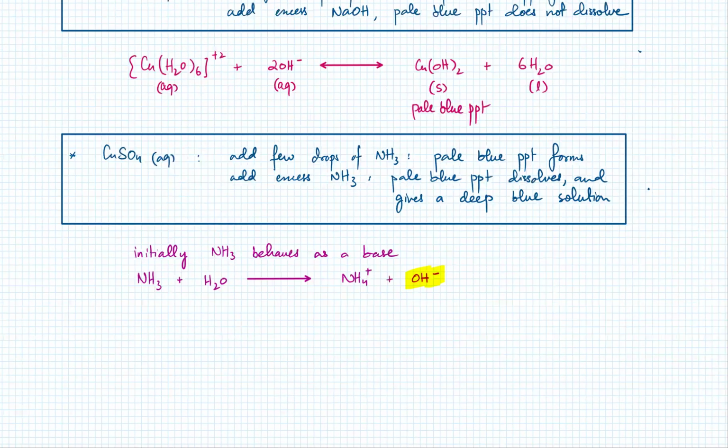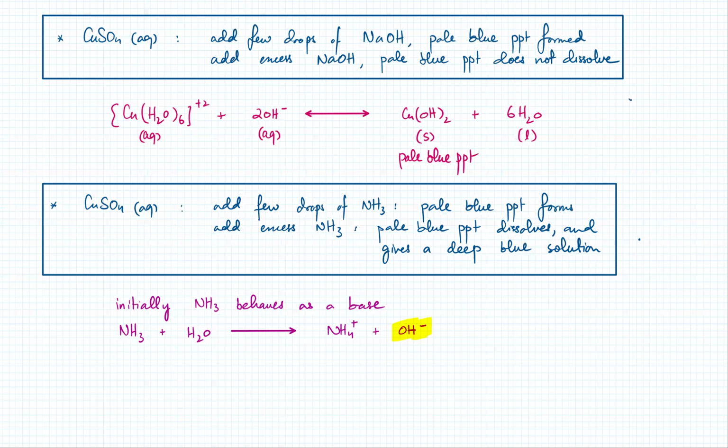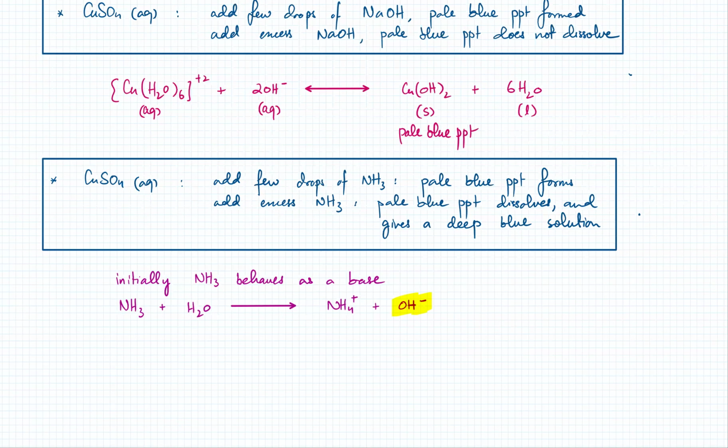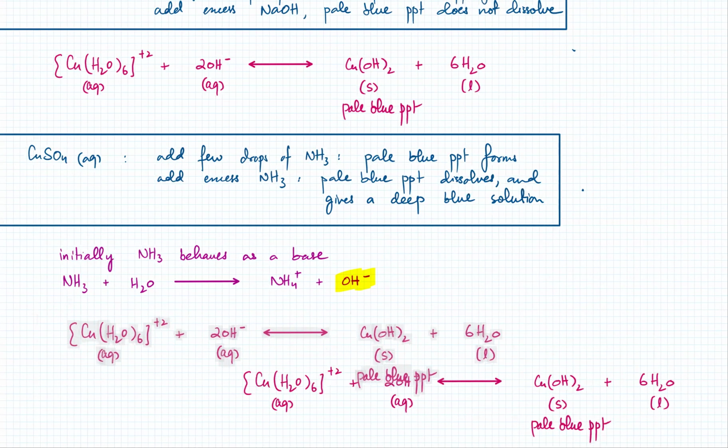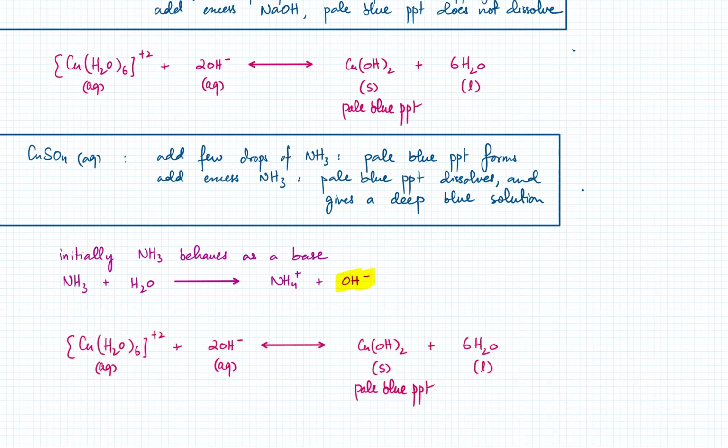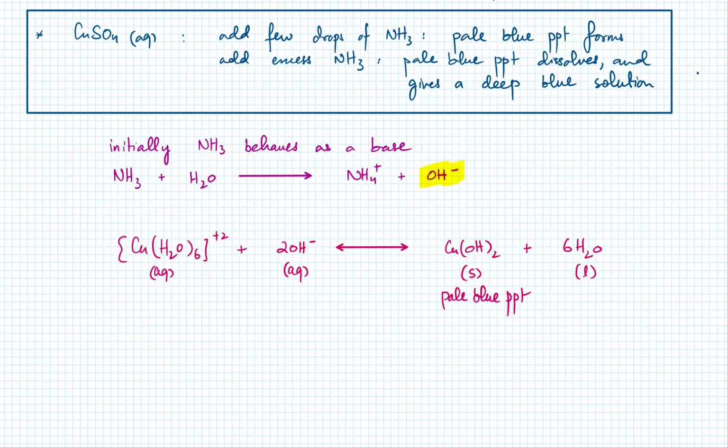So what you get at the start is the pale blue precipitate. You get exactly the same reaction as above. Right at the beginning, the OH ions form the insoluble precipitate.